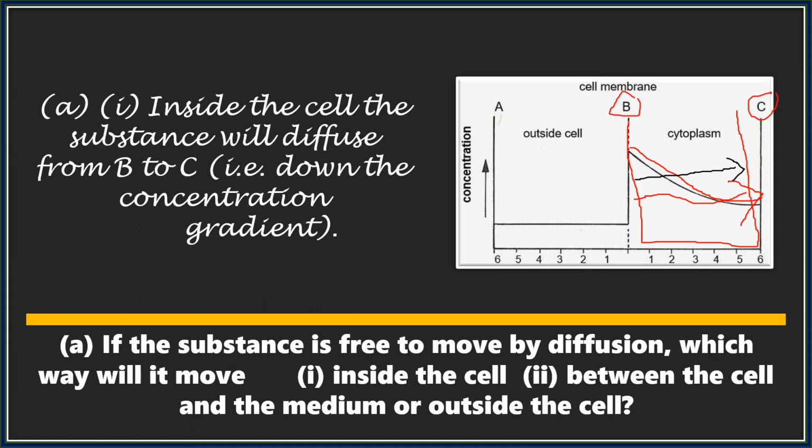If you look at it, you will see that here we have the gradient moving from B going downwards towards C. So there is high concentration towards B than C, so substances will move from B going towards C.